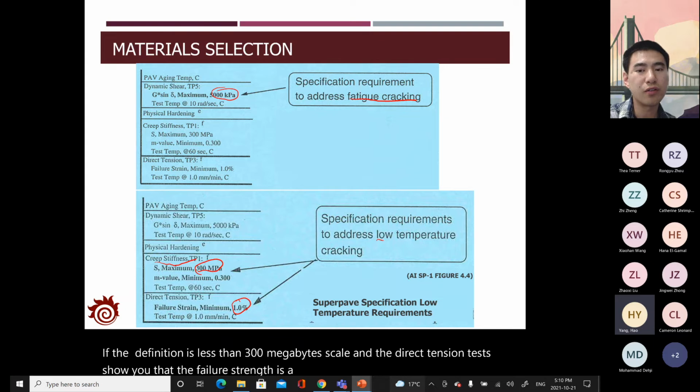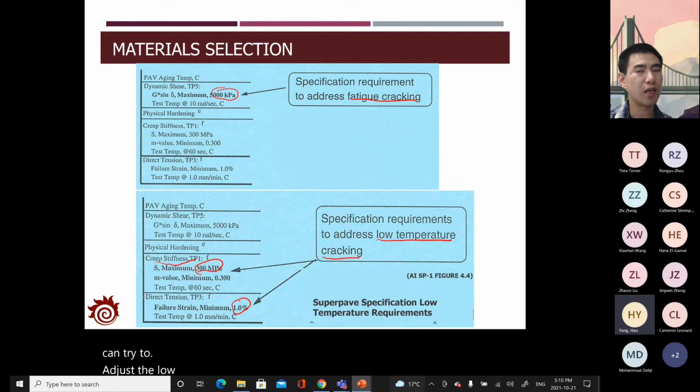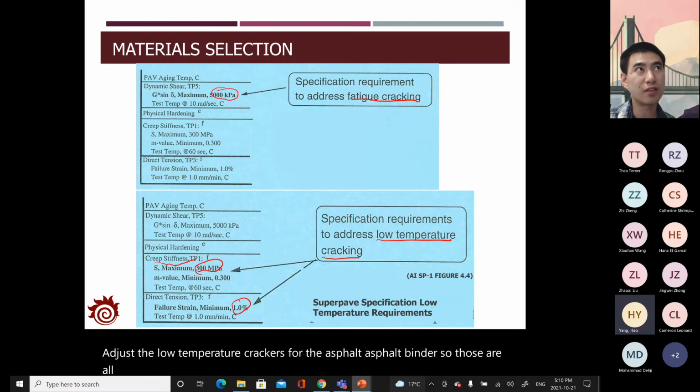With these two values, you can address the low temperature cracking of the asphalt binder. Those all come from the tests with the equipment that I mentioned on the previous page.